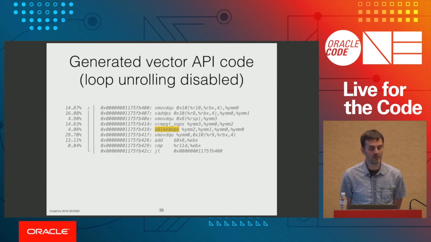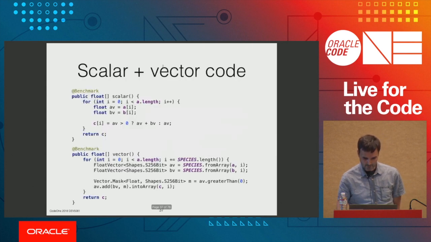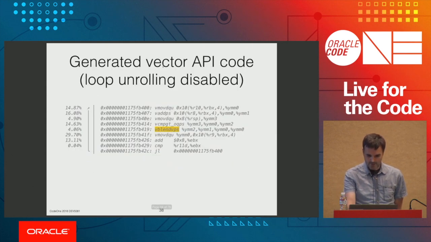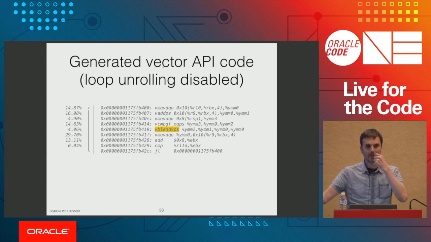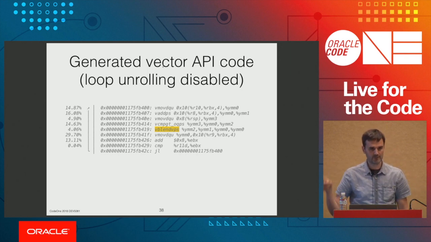The generated code in this loop looks like this. Remember, we load two values in. We load a value in, we add, we compare, and then we do a blend. The blend says, blend these in based on my mask value, and then store the result back.